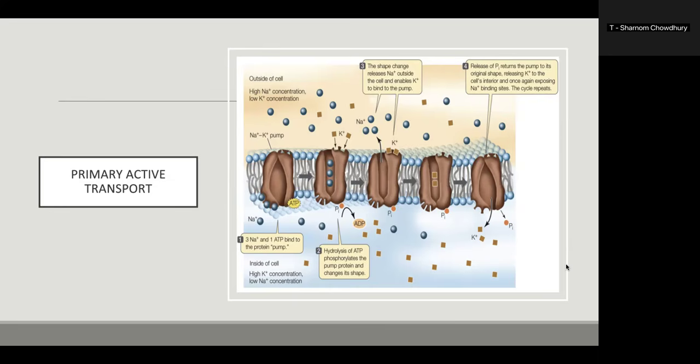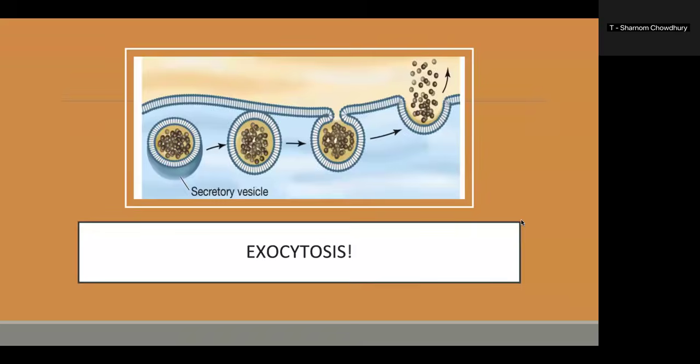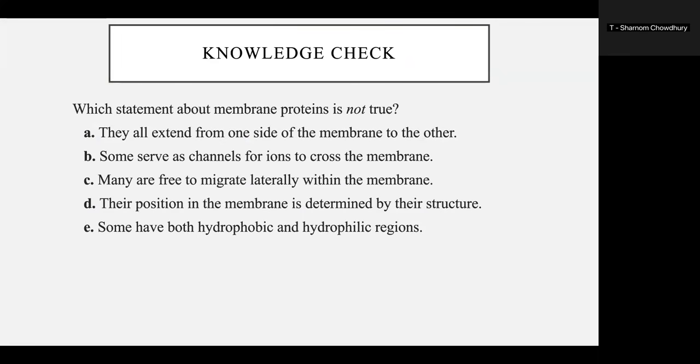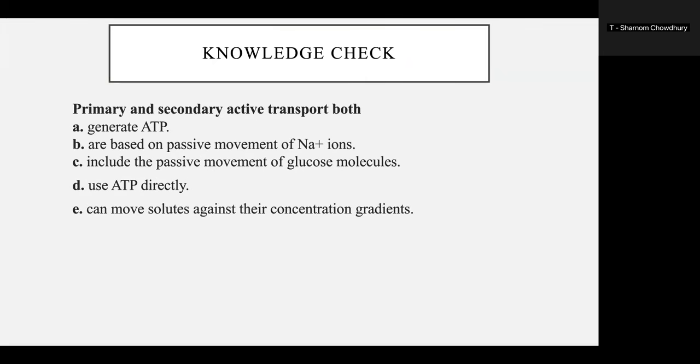There's a sodium-glucose gradient, so that's just an example. Having more sodium out of the cell can help push glucose into the cell. So secondary active transport uses an electrochemical gradient to push other solutes against the concentration gradient, while primary uses ATP directly.